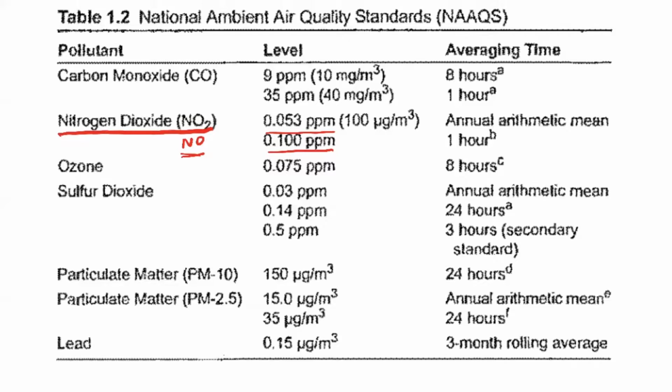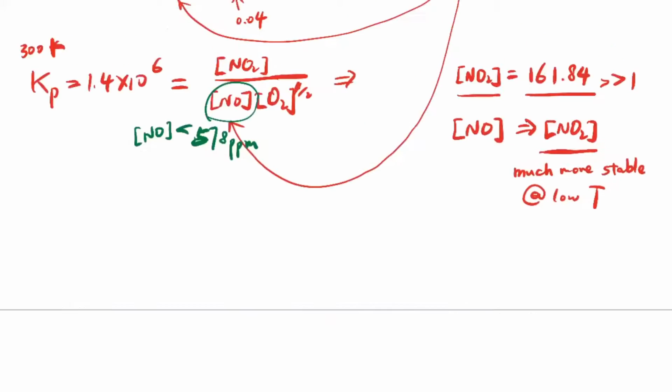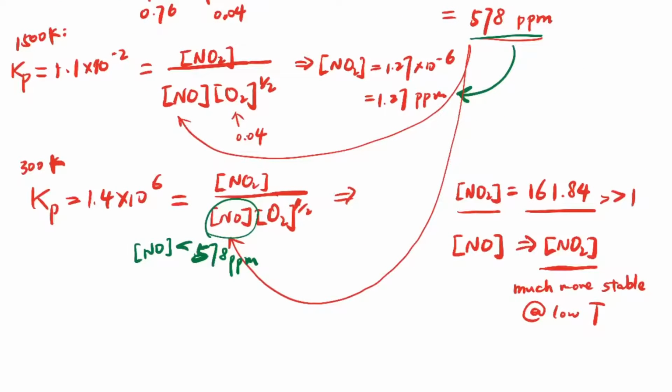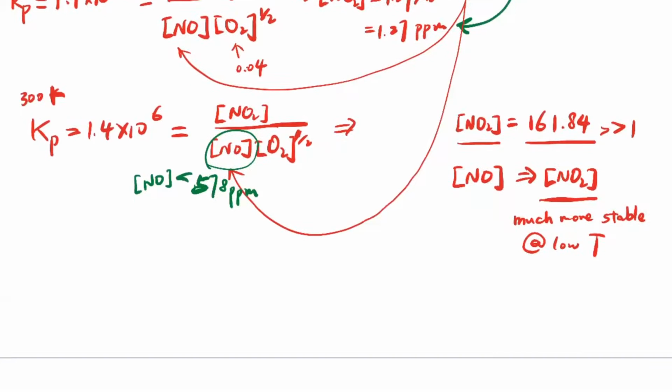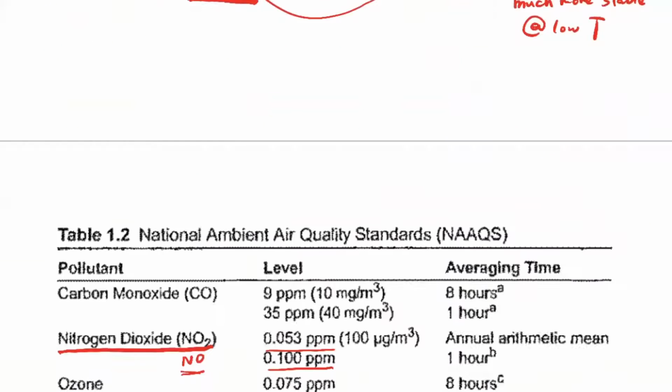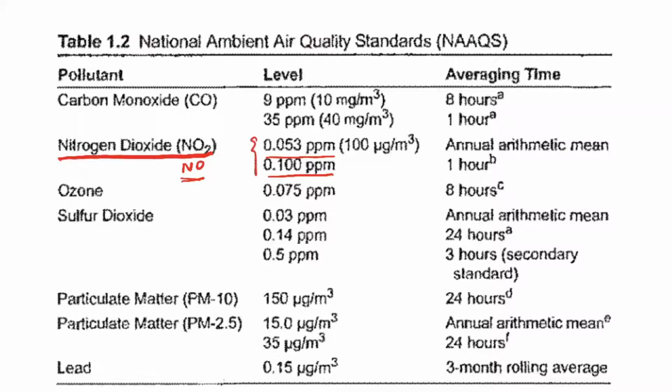So one thing we can also find out from this calculation is that if we assume that all of the nitrogen monoxide is being transformed into the nitrogen dioxide, then the nitrogen dioxide concentration in the flue gas is going to be somewhere around 578 ppm, right? So if we compare this number to the regulated number, you can find that this value is much, much larger than the regulated concentration of the nitrogen dioxide, right?